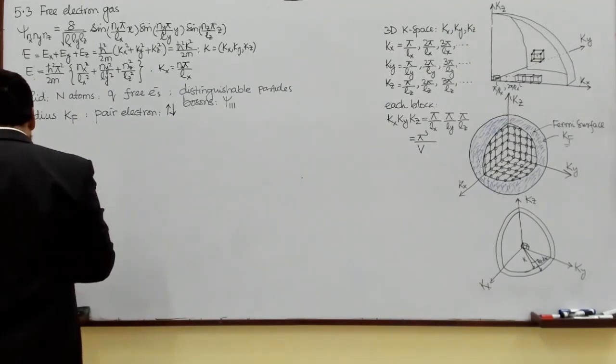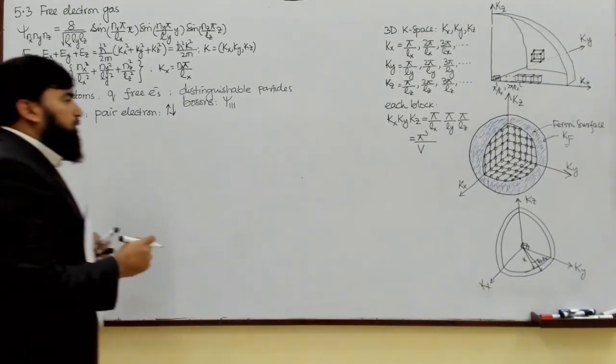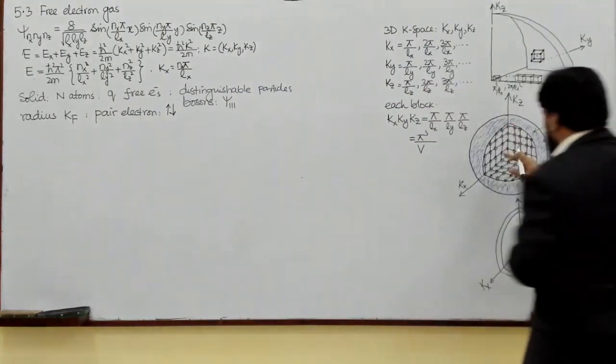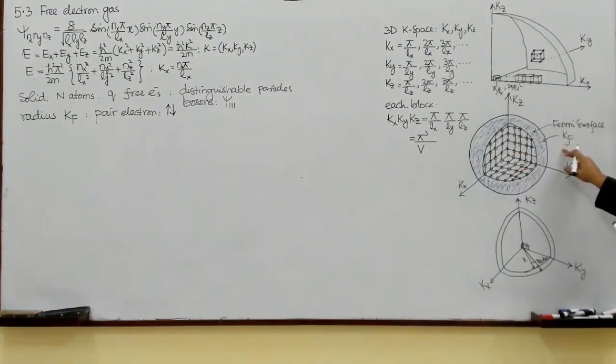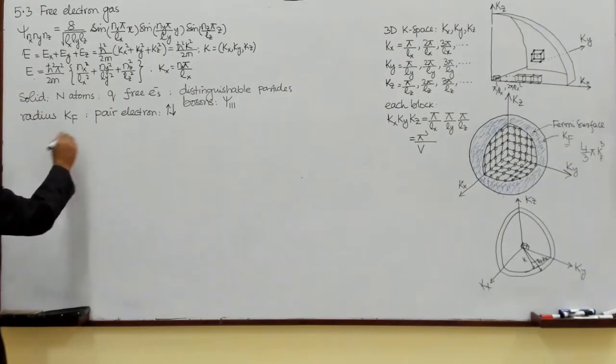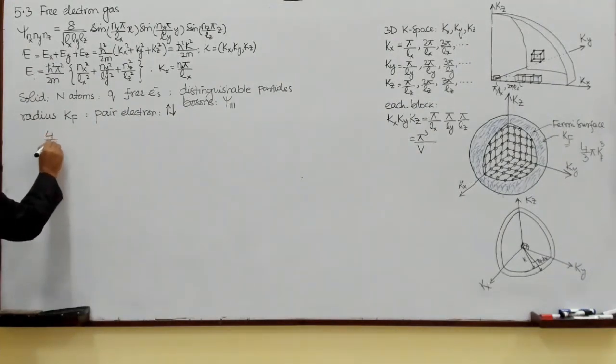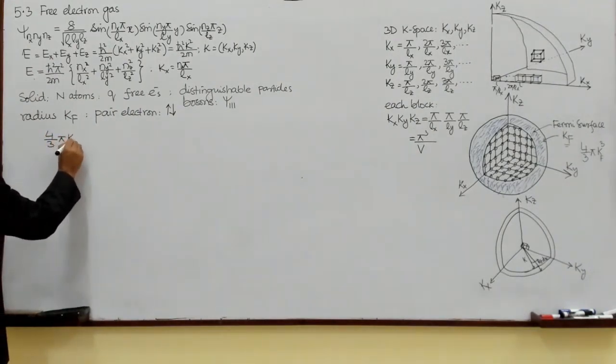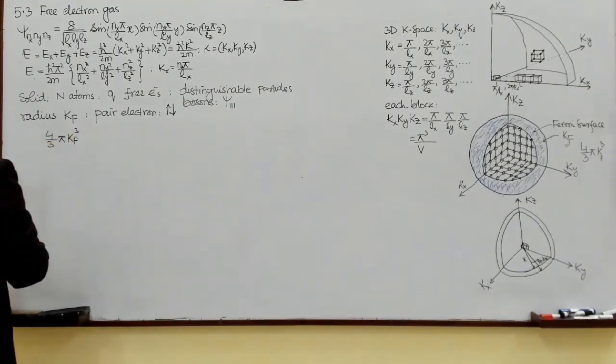What will be the volume of this sphere if the radius is kf? The volume of the sphere will be 4 by 3 pi r cube, but here r is kf, so this is kf cube. So the volume is 4 by 3 pi kf cube.